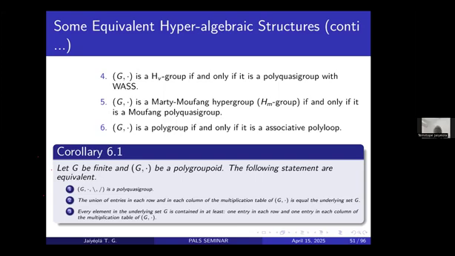Important in the sense that with it, by mere looking at the multiplication table of a finite hyperalgebraic structure, you can tell if such a structure forms a polyquasigroup or not, or a polyloop or not.